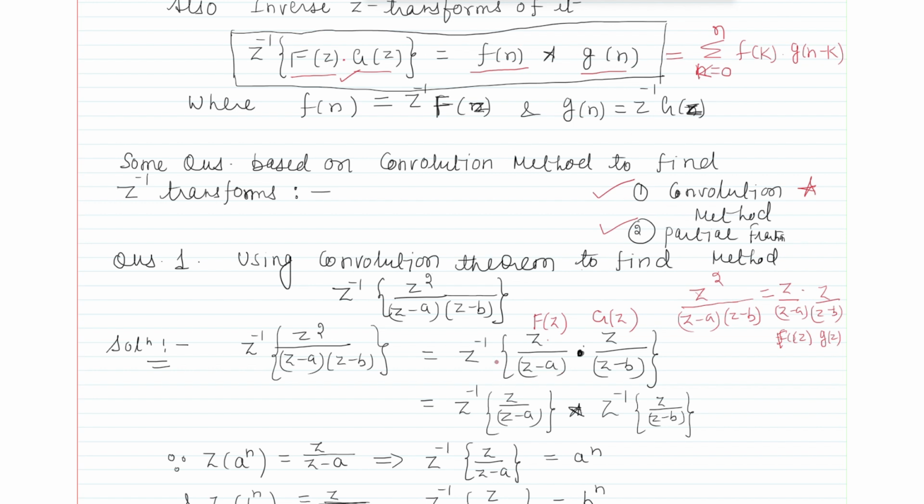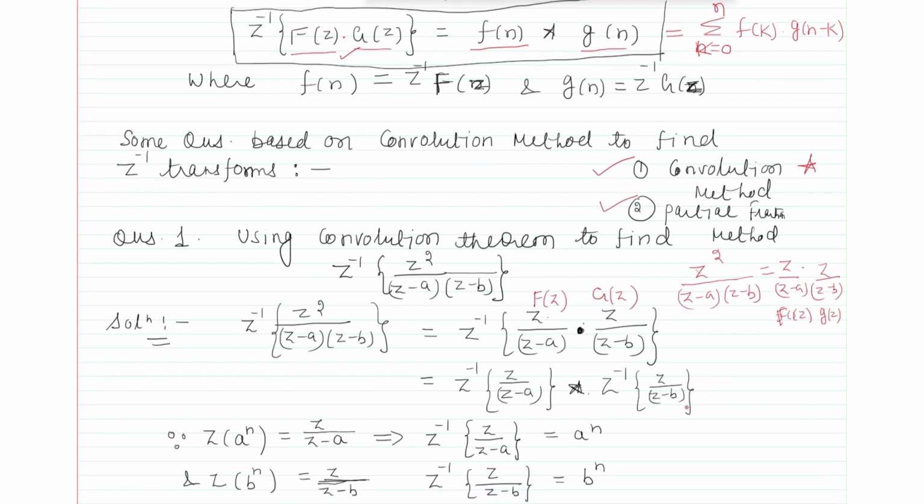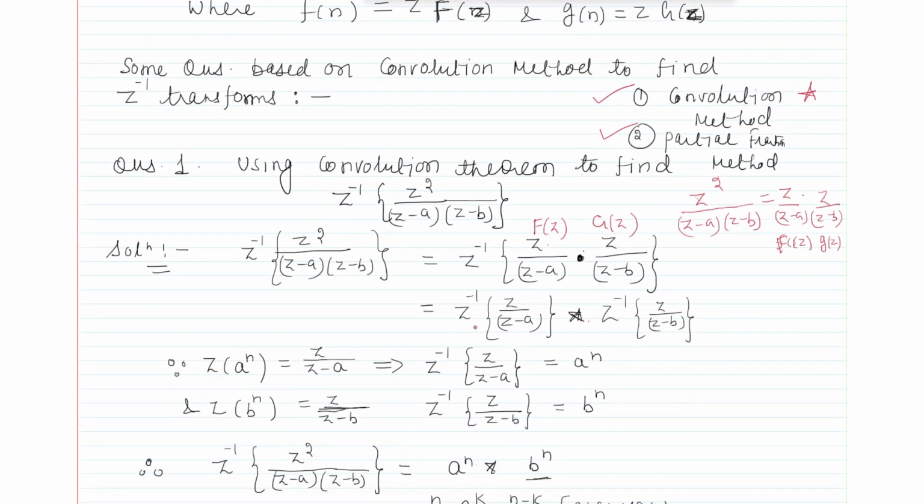We will write f(n) of this and g(n) of this. For this, first of all, using the formula, Z inverse of this is star. The dot is replaced by star because we are using the convolution theorem concept. So we will write Z inverse of z upon z minus a, star, Z inverse of z upon z minus b. Now we have to write the Z inverse of this.